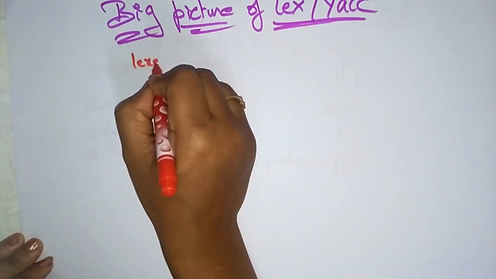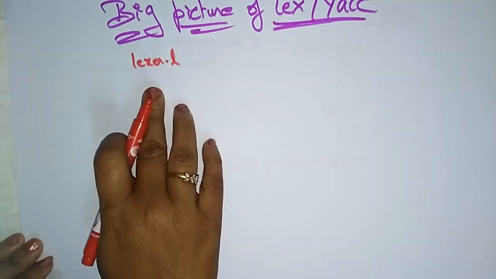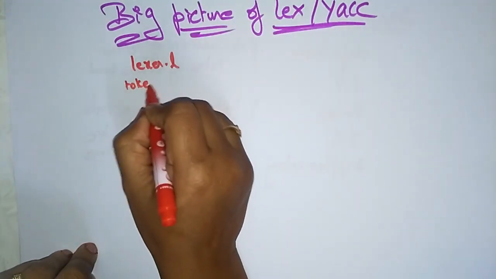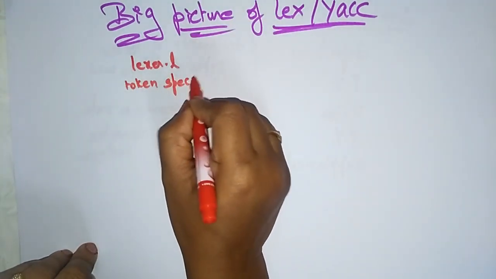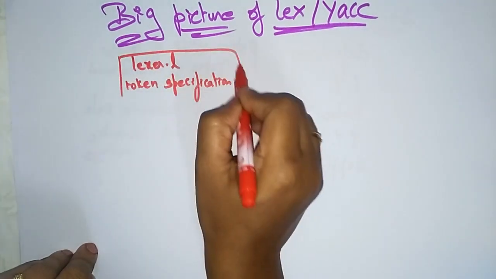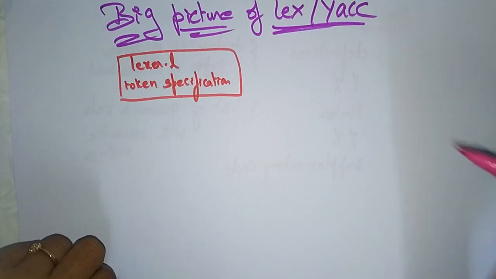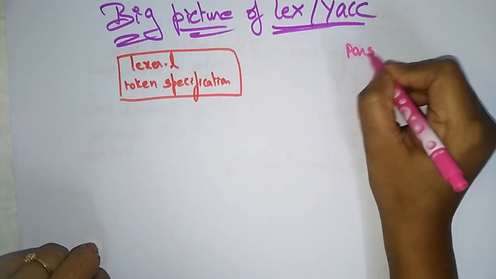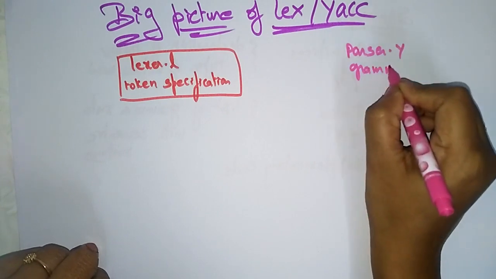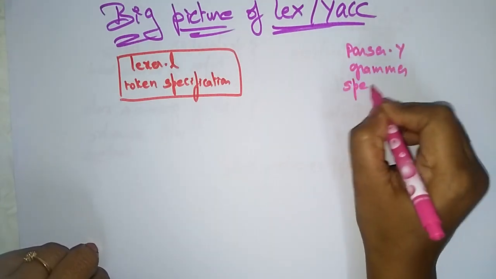Let's take lexer.l, which is a source program for the lexical analyzer, a token specification. Token specification will be present here. And let's take parser.y, which is a grammar specification.